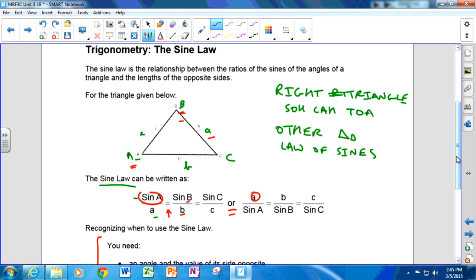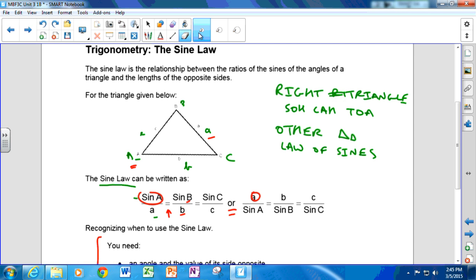Now, it is quite possible to split the triangle into pieces, sometimes you can do that. You can drop a perpendicular down, and then you split it into two right triangles. But that has its own issues. Oops, I just made a big mess of that. So it's better, if possible, to just try and apply one of the two laws.